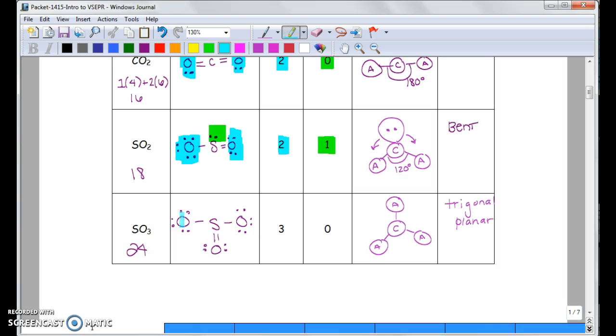So we have 3 bonded atoms and 0 lone pairs on that central atom. You notice there's nothing on the central atom with sulfur. And then if you go around in a circle, the way that you can get the atoms farthest apart from each other is 120 degrees. So that is our bond angle for trigonal planar.